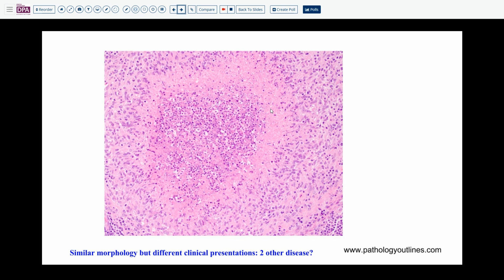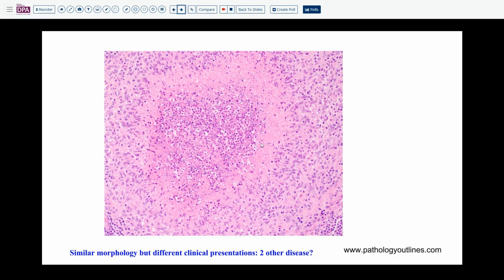Anyone have any thought of the diagnosis of this one? Yeah, this is cat scratch disease. That is what the pathologist said. So I put a question here: with this same kind of pattern, we have at least three differential diagnoses, with similar, maybe identical morphology.